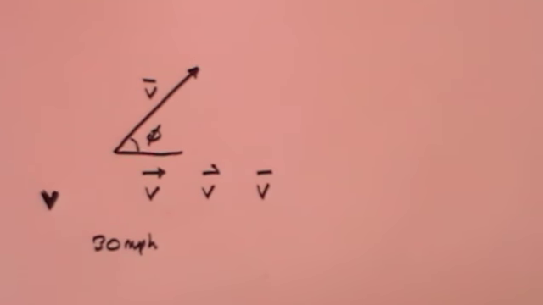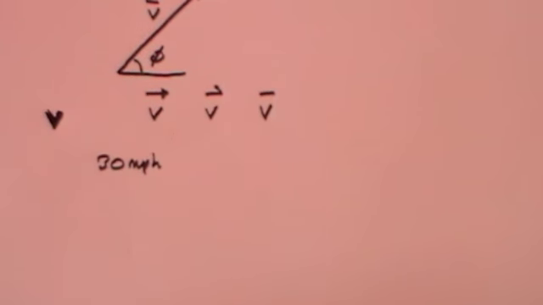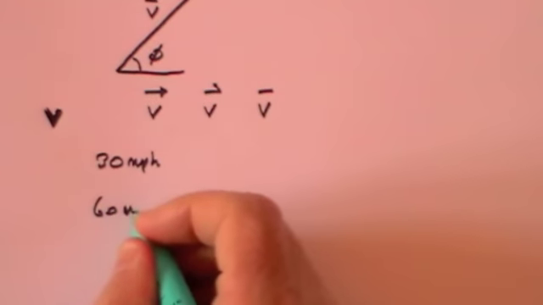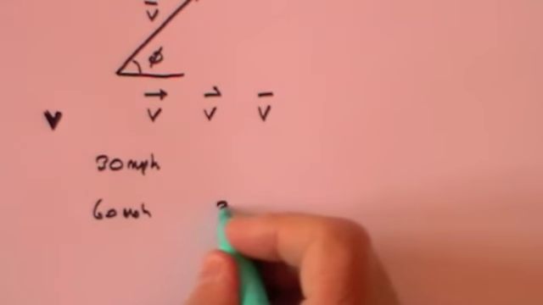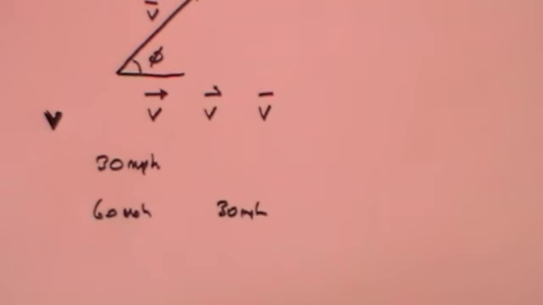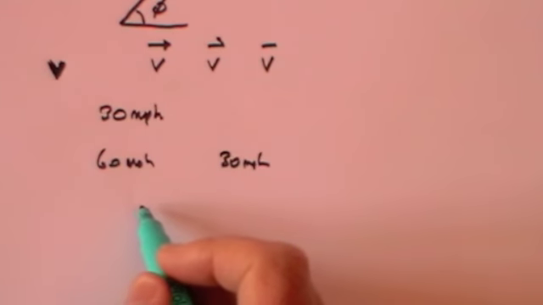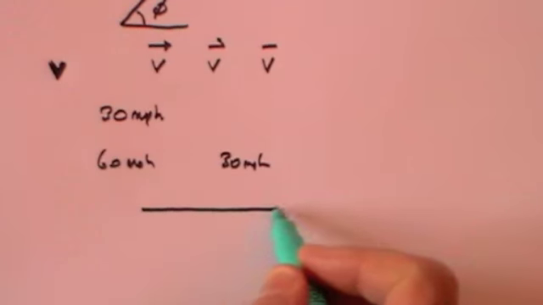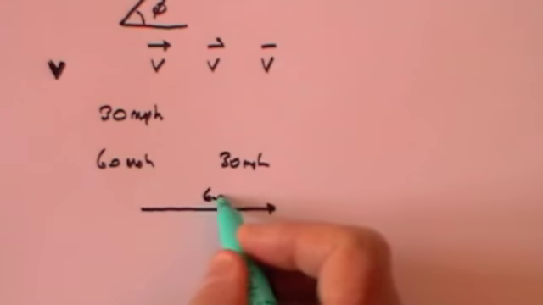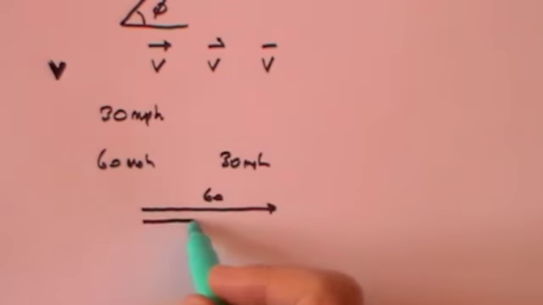Or to give another example, suppose I say that I'm travelling at 60 miles an hour and you are travelling at 30 miles an hour, and I say after 1 hour, how far are we apart? Well, you can't answer that question because you don't know in which directions we're travelling. If we're both travelling in the same direction, then after 1 hour I will have gone 60 miles and you will have gone 30 miles, and we will be 30 miles apart.